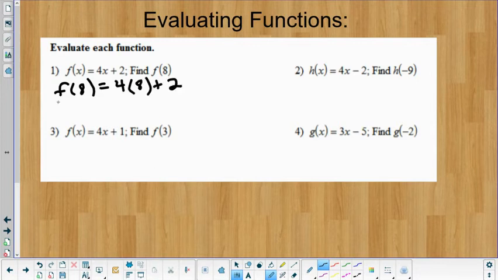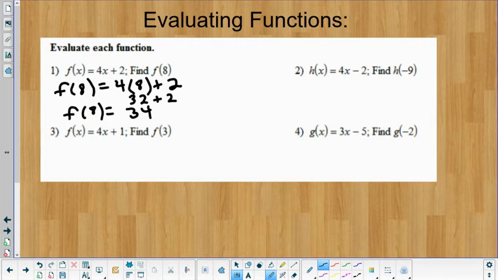So please note, this f of 8 is just the name of the function. We are not doing anything with that. That just comes down. Okay, just along for the ride. It's the name of the function. This is the side that we're going to simplify. 4 times 8, well, that's 32 plus 2. So f of 8 is actually equal to 34. So you should get a number answer for what f of 8 is equal to.